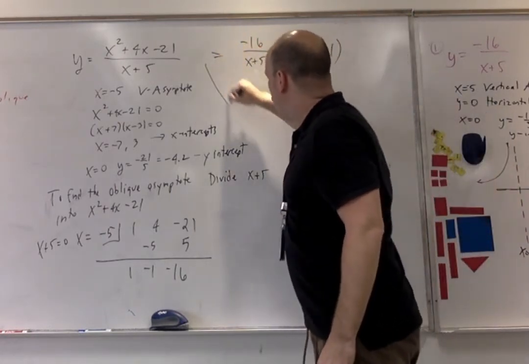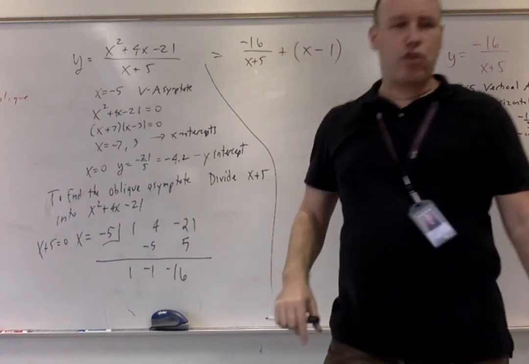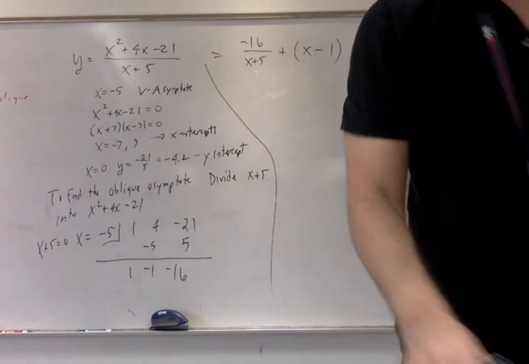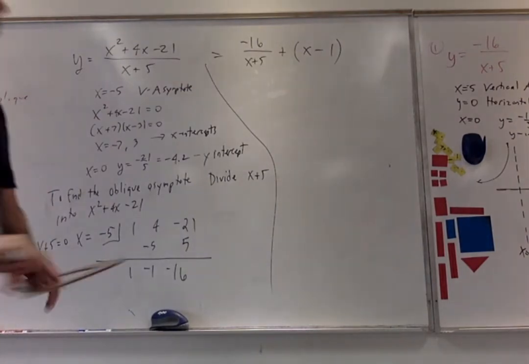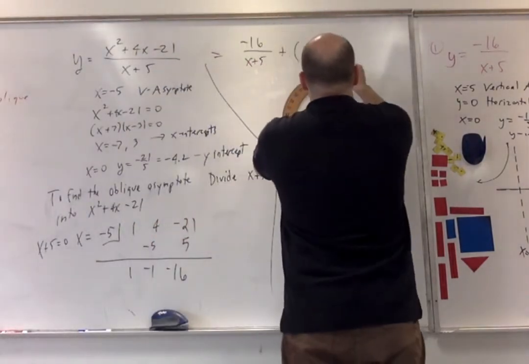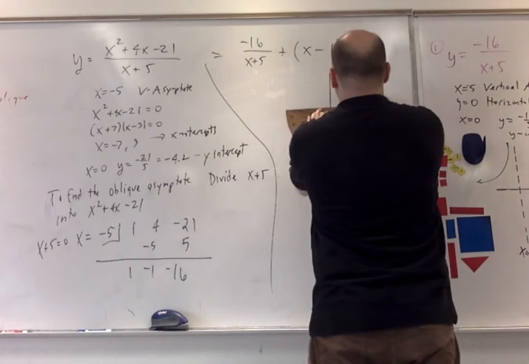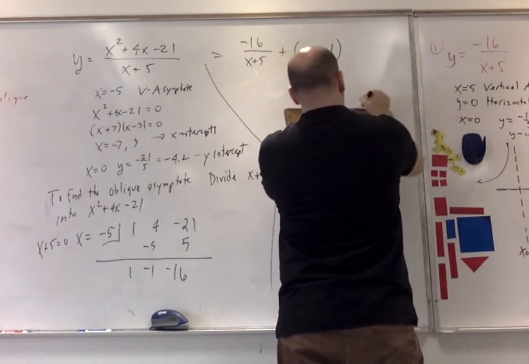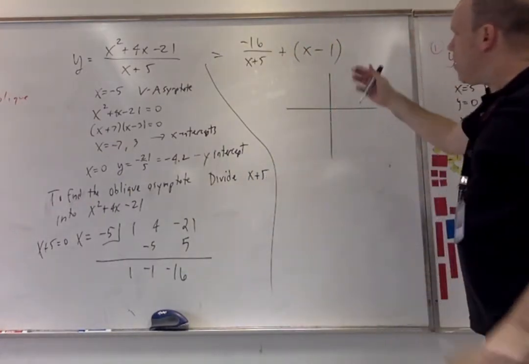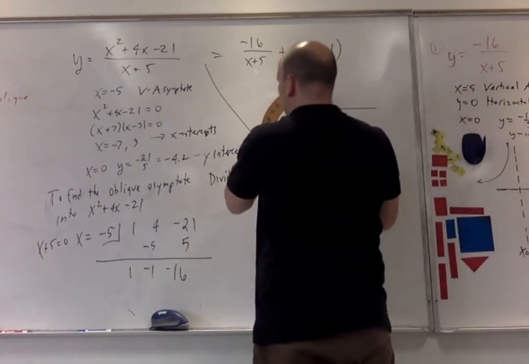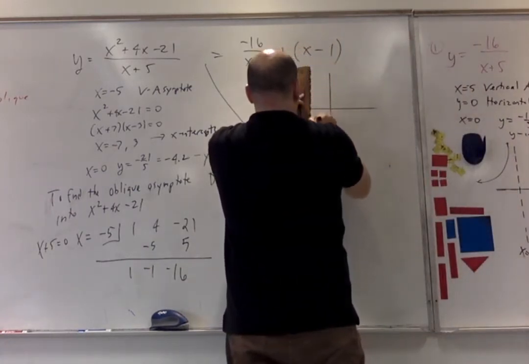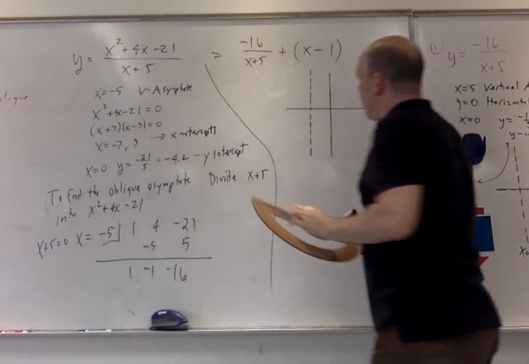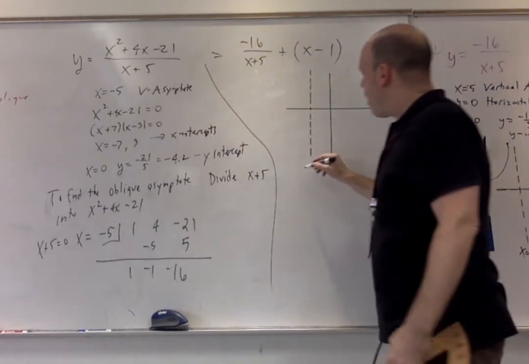Okay? Let's get a picture. So, here's our axis. We know that x equals -5 is the vertical asymptote.